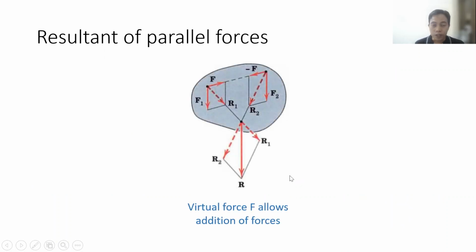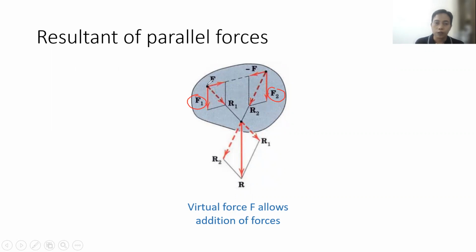So in the previous discussion, we learned how to sum or obtain the resultant of two forces which are concurrent, and they intersect at the common point of application. Then what if we have a special condition where F1 and F2 are parallel forces?